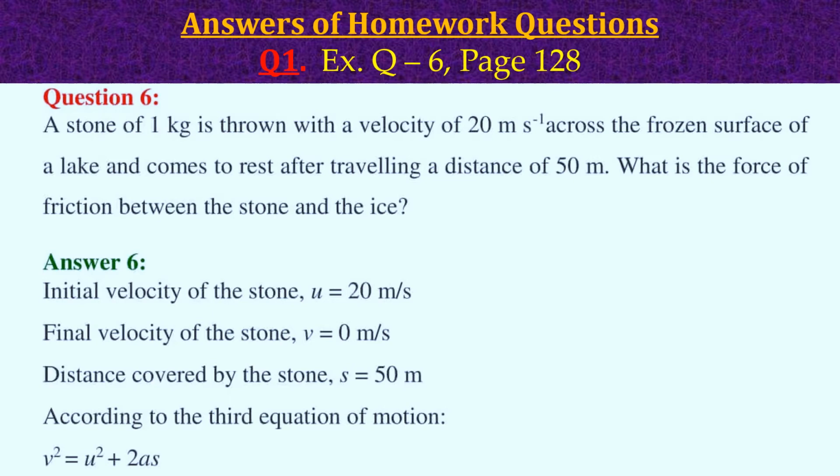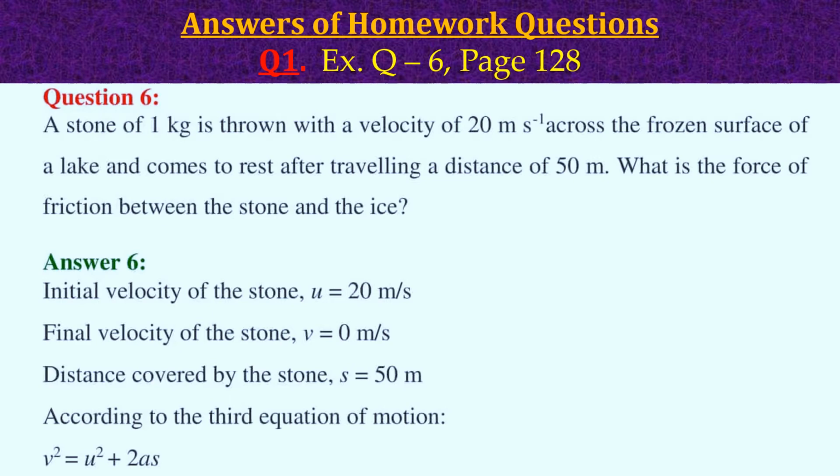You have to find the force of friction which brings this stone to stop. So you know the force of friction acts in the opposite direction of motion. So before finding the force, you have to find the acceleration. So you have to see which equation will be suitable to find it from the equations of motion.